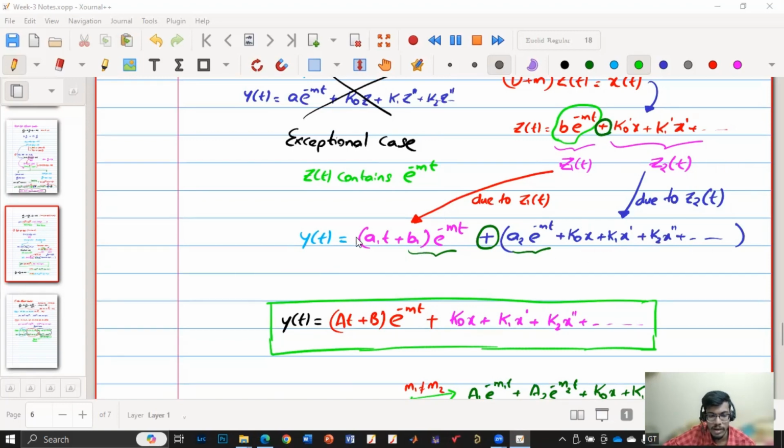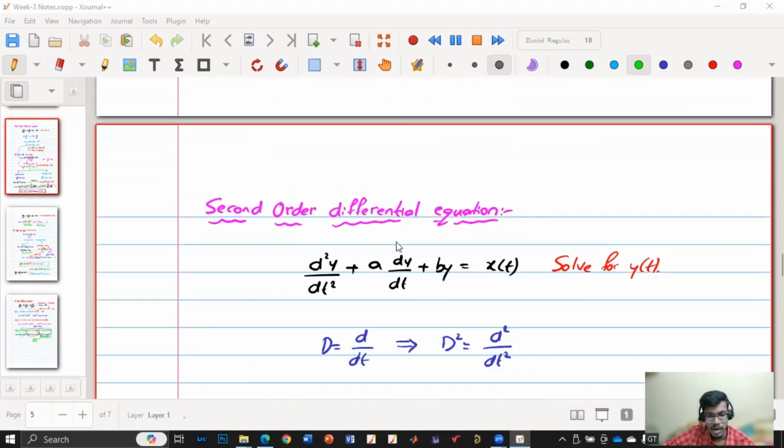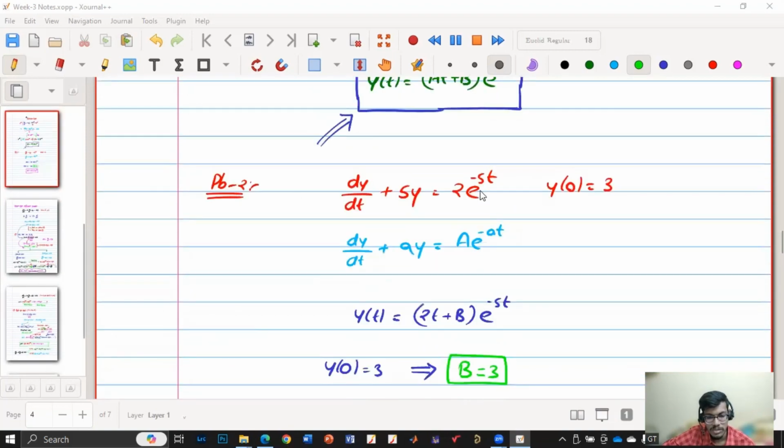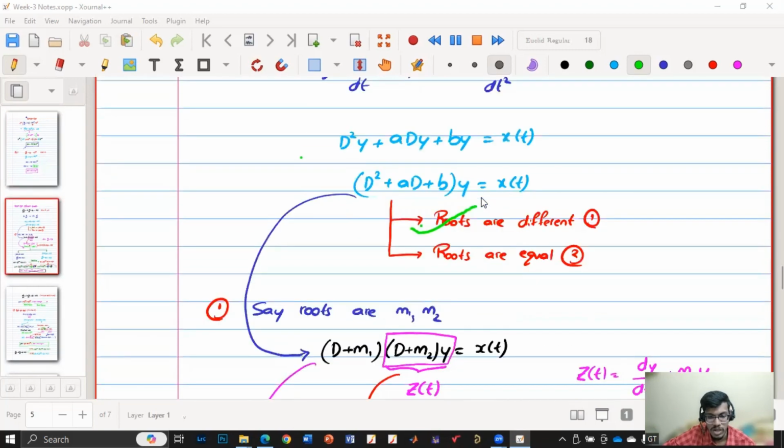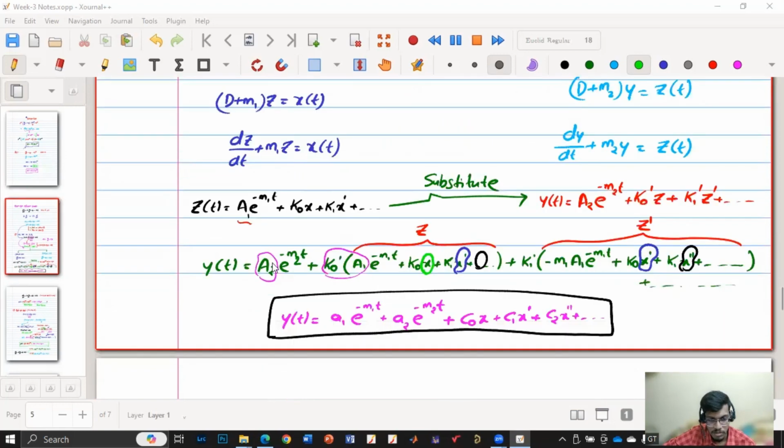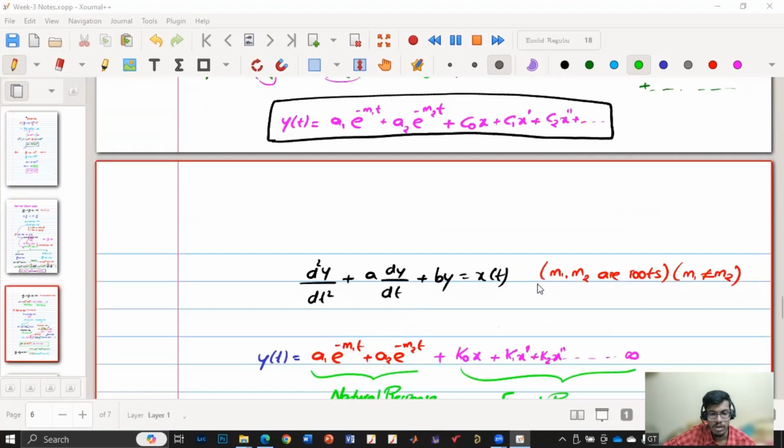So that's why only my natural response is varying. Or I can say this exceptional case only comes when there is this e to the power minus term, and it is only coming from the natural response terms, because those contain exponentials and others are just derivatives of x, x dash, x double dash, etc.